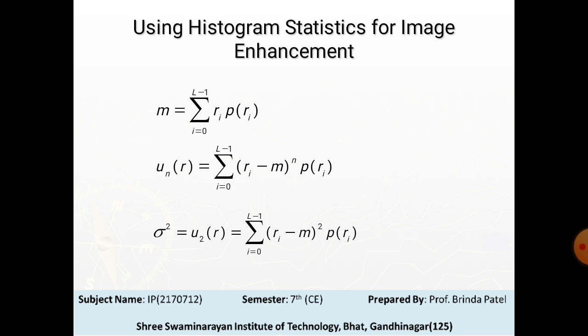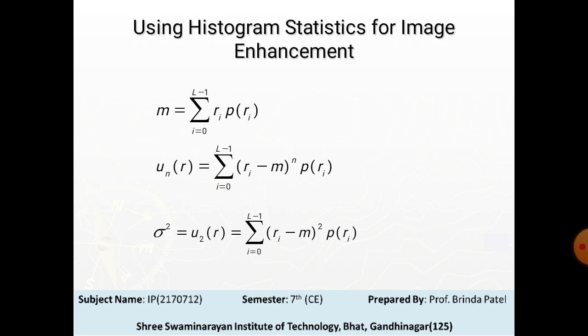We consider two uses of mean and variance for enhancement purposes. The global mean and variance are measured over an entire image and are useful for gross adjustments of overall intensity and contrast. A much more powerful use of these measures is in local enhancement, where the local mean and variance are used as the basis of making changes that depend on image characteristics in a predefined region about each pixel in the image.